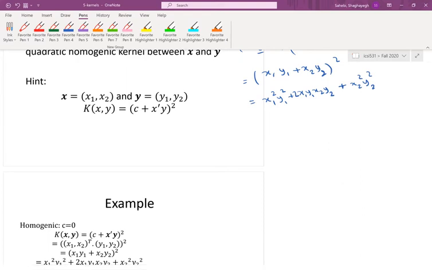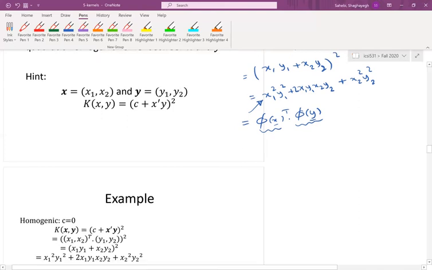But also we know that this is equal to phi of x transpose phi of y, right? What is the phi of y or phi of x? What is this function phi that if we calculate this, we are going to get to the same value like that?